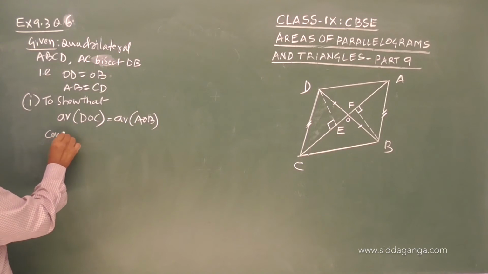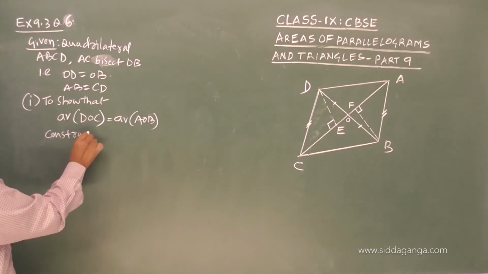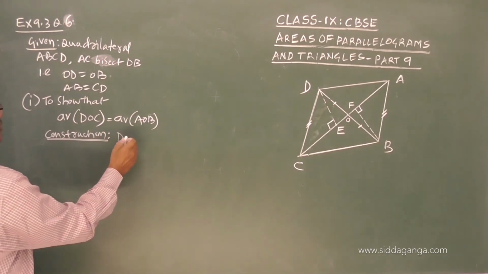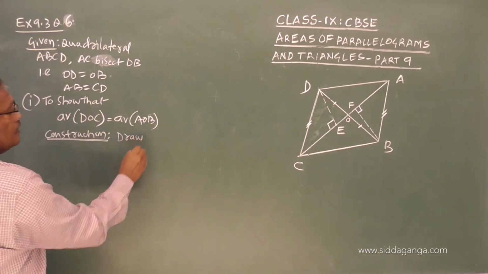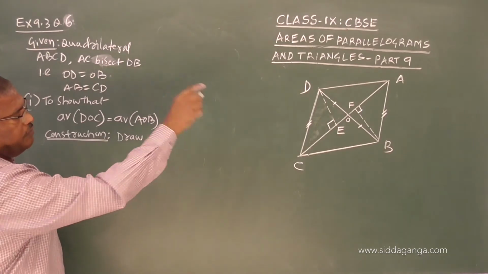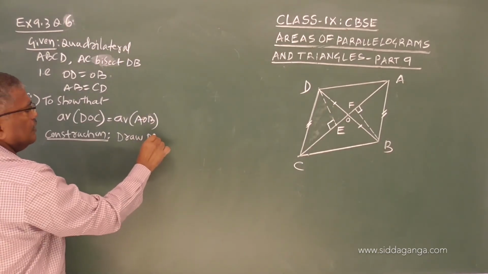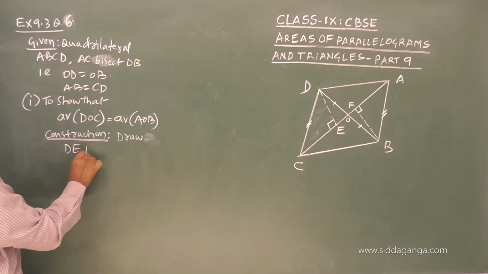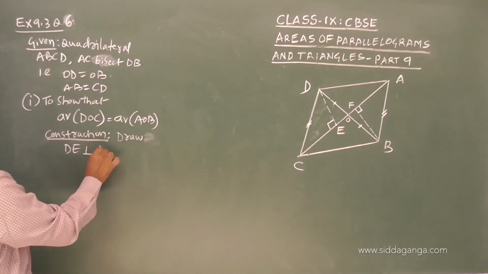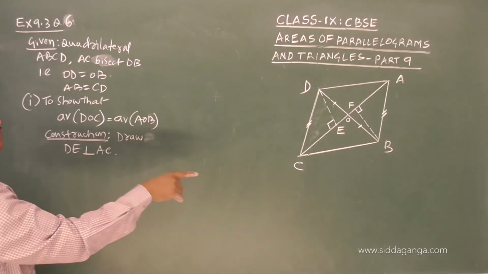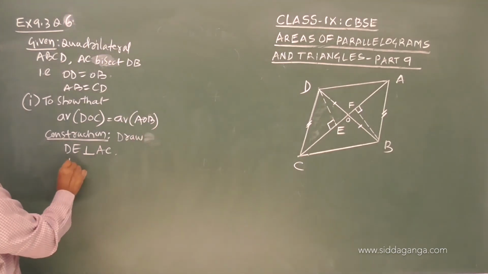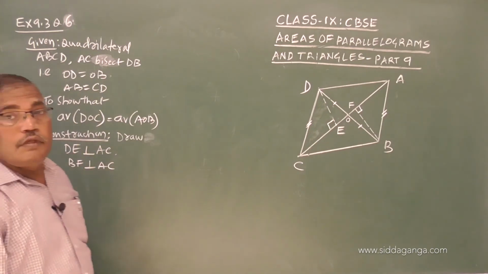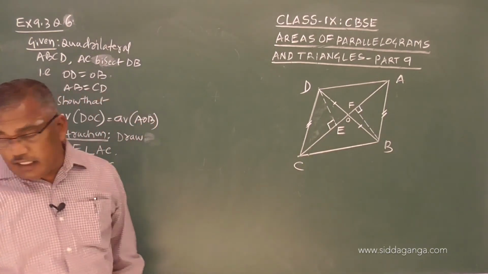I will write construction: draw DE perpendicular to AC and BF perpendicular to AC.